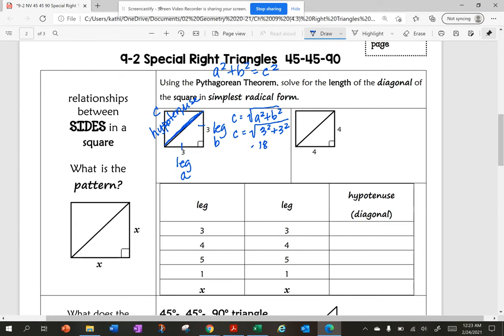So this is the square root of 18. And I want to simplify this using my greatest perfect square. So this is going to be 9 times 2. So this is going to be c equals 3 times the square root of 2.